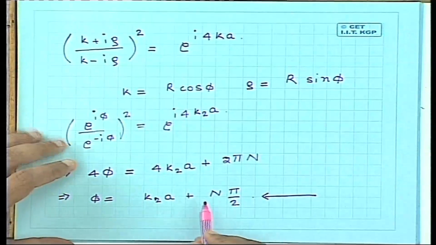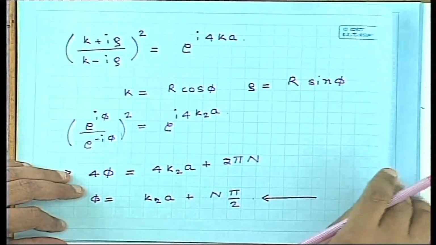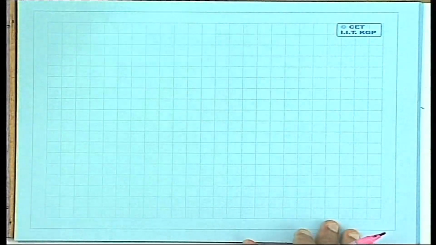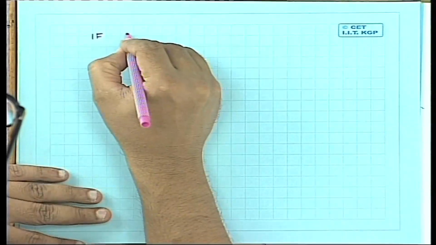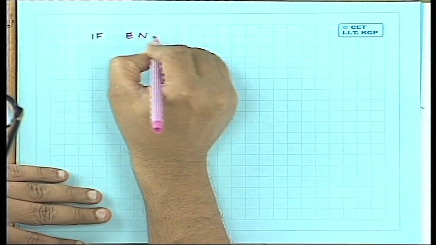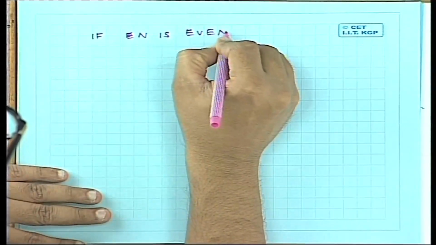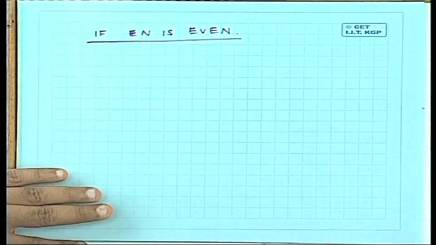One is if n is odd, and the other one is if n is even. Let us consider the situation where n is even first. So let us keep this over here. So if n is even, what does it tell us?